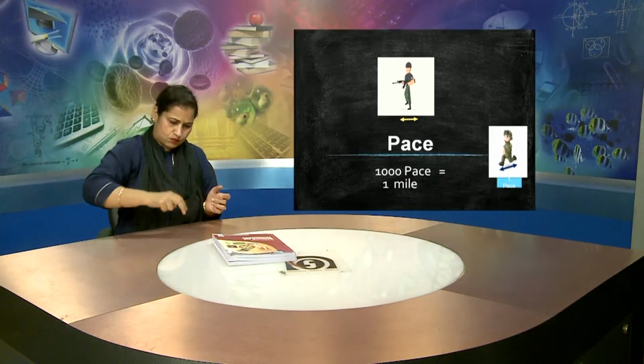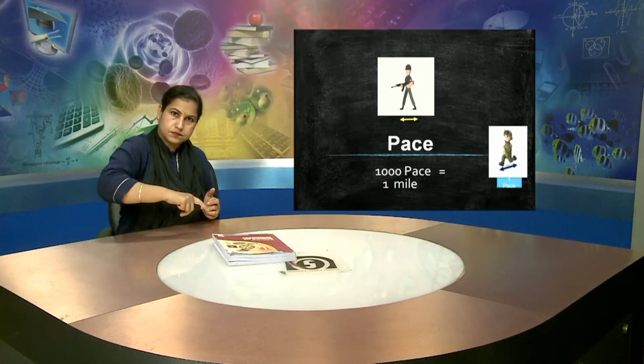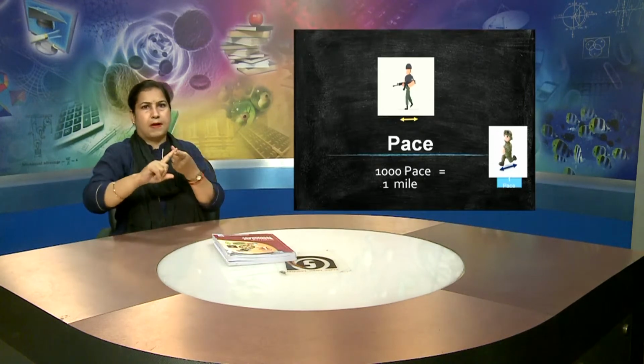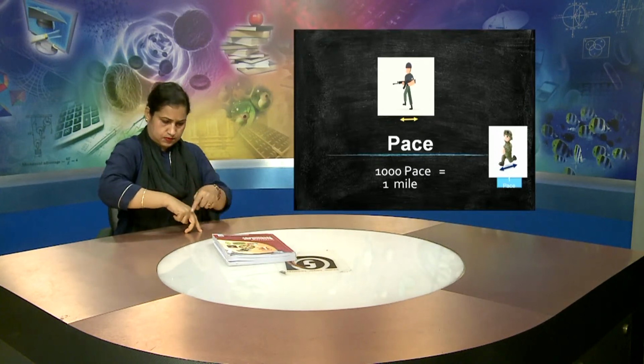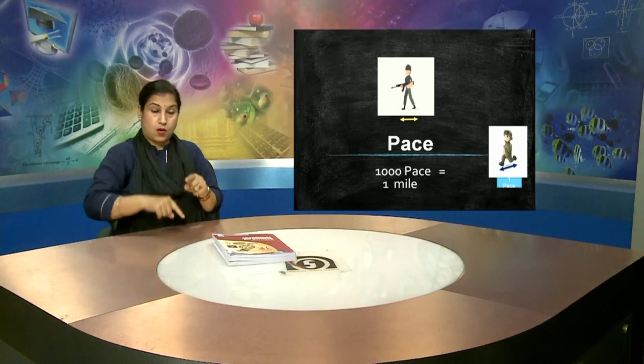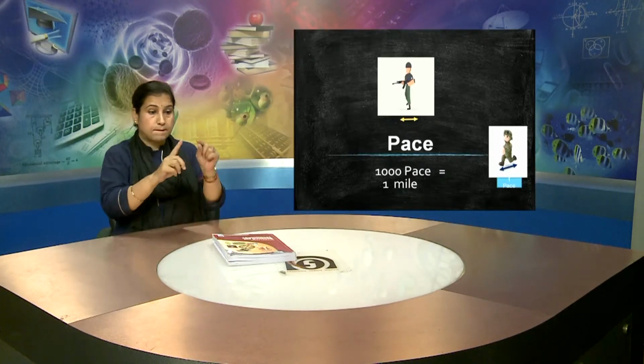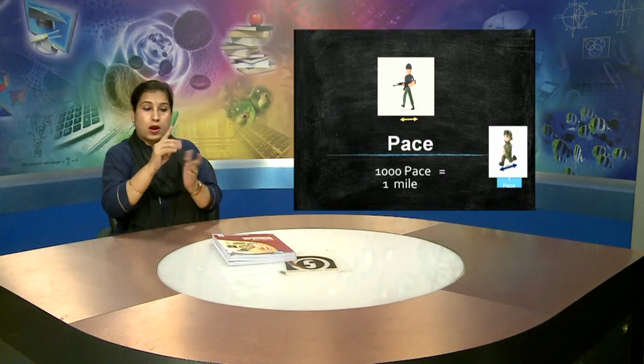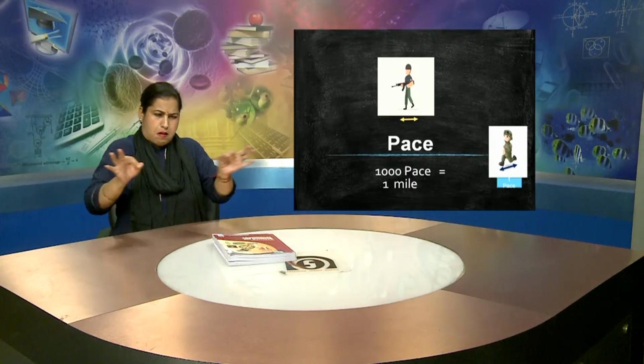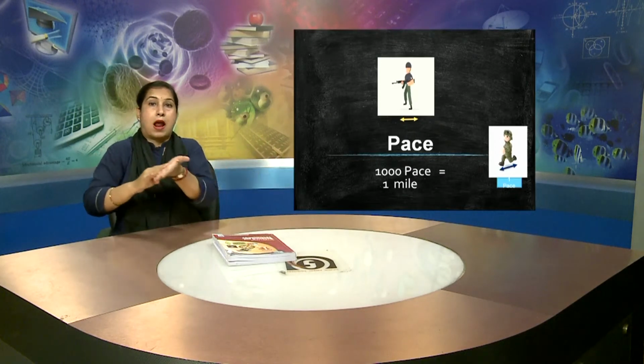Pace: pace are the footsteps. 1000 pace is equal to 1 mile.